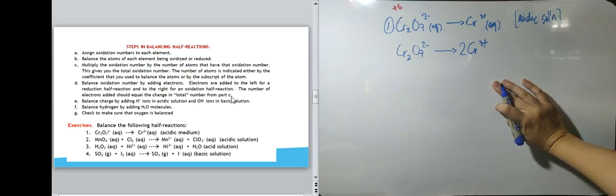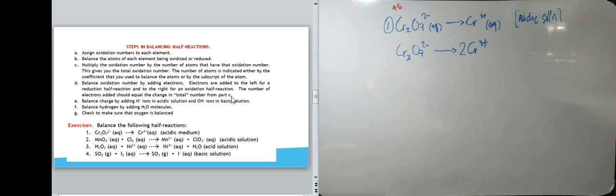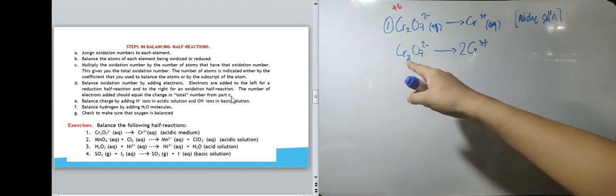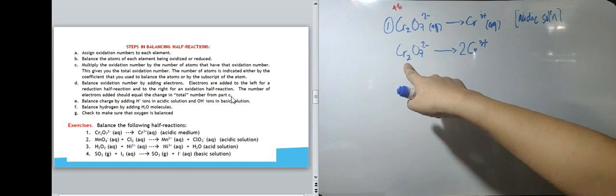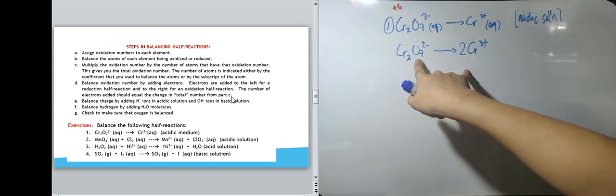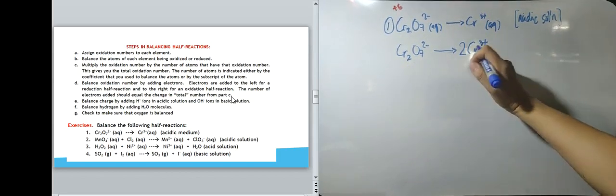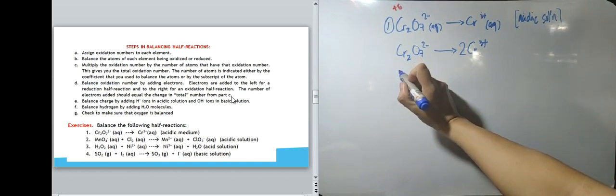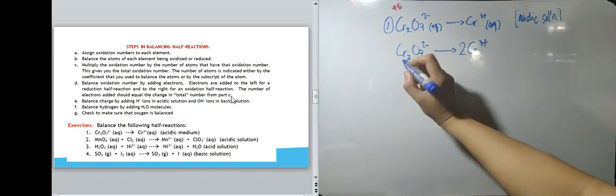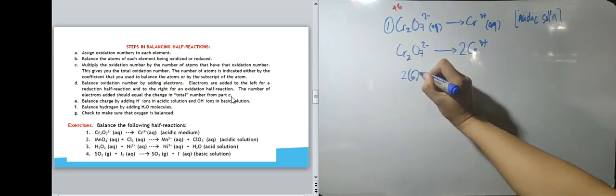Next, multiply the oxidation number by the number of atoms that have the oxidation number. Okay. So let us multiply. 2, we'll just consider the chromium. No? Huwag natin pansinin yung oxygen. So, 2. Pabalance lang natin yung oxidation number niya. So, 2. Ano bang oxidation state niya? 6 is equal to 12.